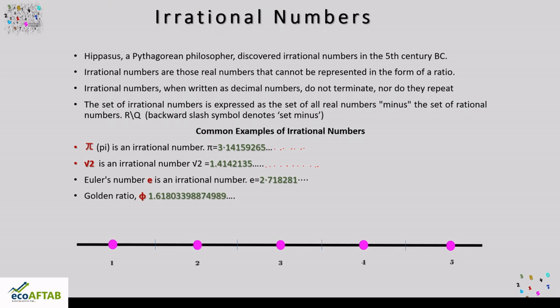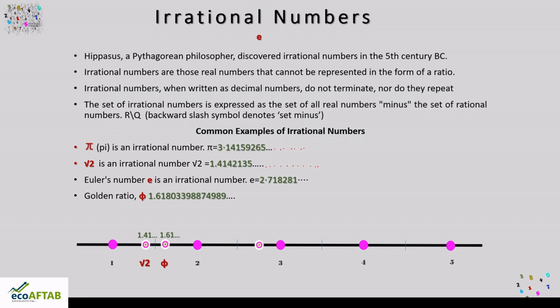So when I'm writing these on the number line, the set of pink dots you can see is the set of all rational numbers. Now where do irrational numbers come into the number line? You can see square root of 2, 1.41, then 1.61, that is phi.